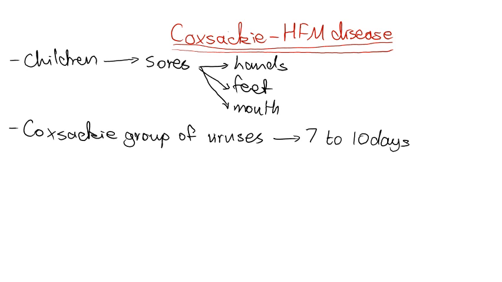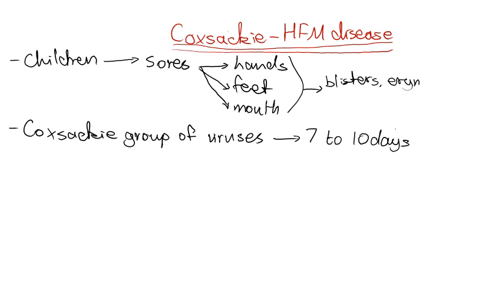In terms of the morphology of this rash, it appears on the surface of the skin as blisters, and I highly recommend you look at a picture of this rash. But the key feature of the Coxsackie HFM rash is that we get blisters with an erythematous base.